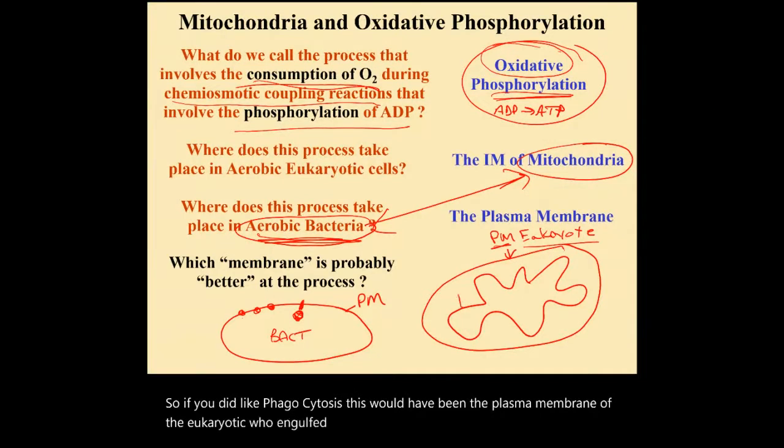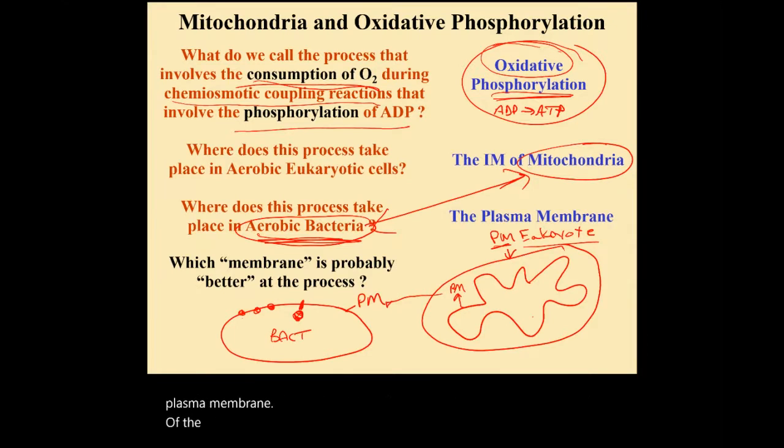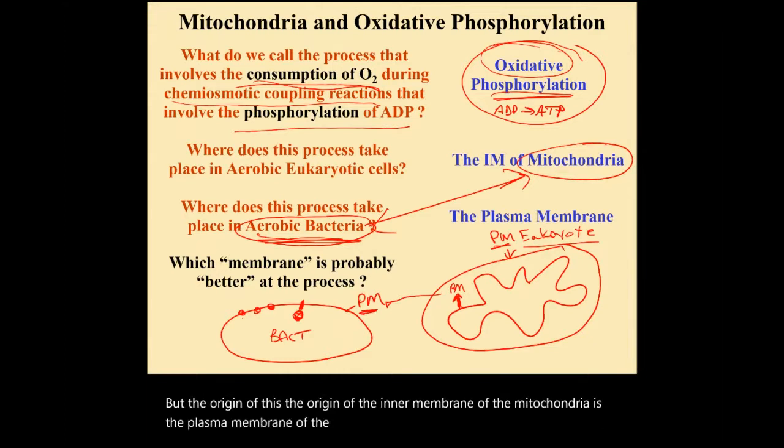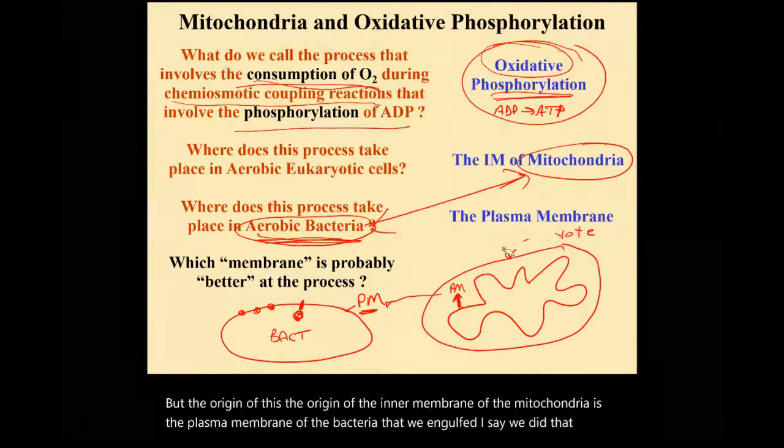And then this used to be the plasma membrane of the bacteria. And of course, over evolution, what happened to that membrane? It got folded into cristae, correct? But the origin of the inner membrane of the mitochondria is the plasma membrane of the bacteria that the eukaryotic cell engulfed.